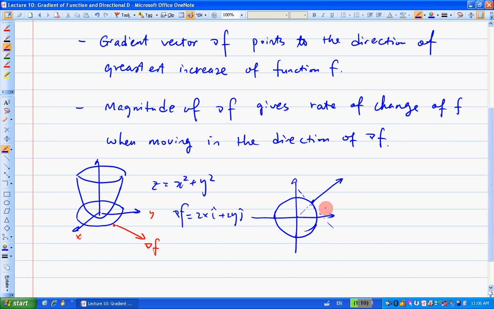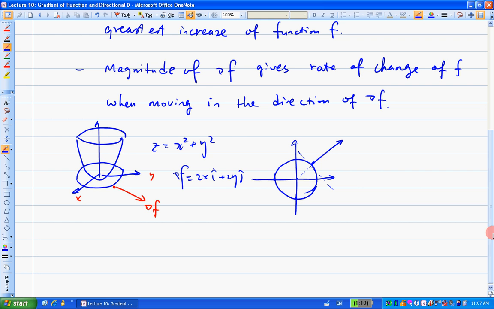So the gradient vector is perpendicular to the level curve here. If a vector is perpendicular to the tangent line of the curve, we say that vector is perpendicular to the curve. So that's one observation we can make.